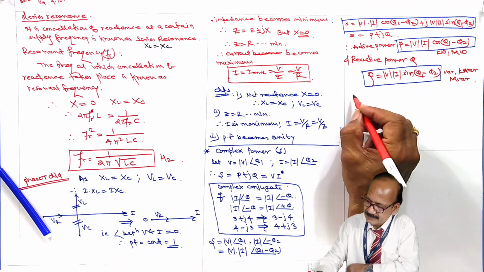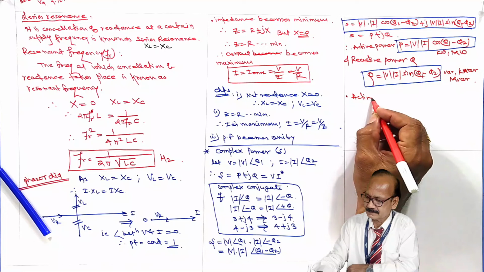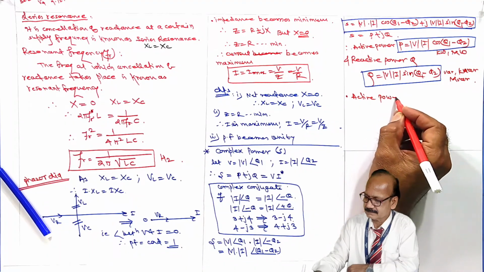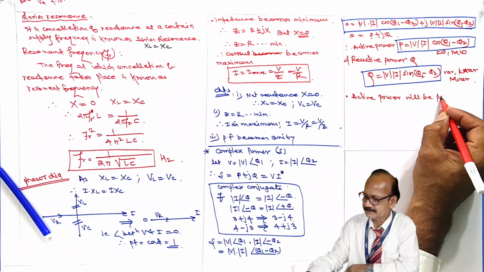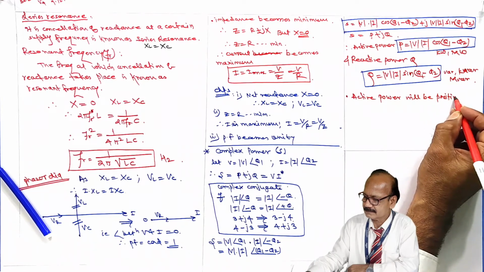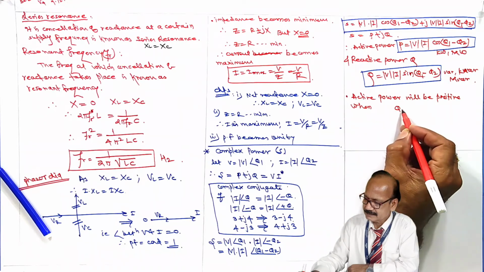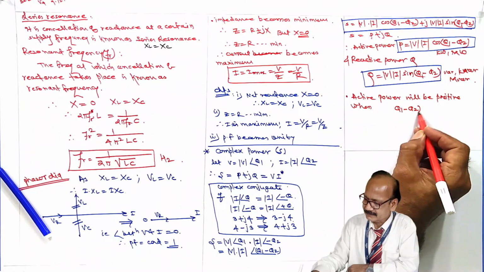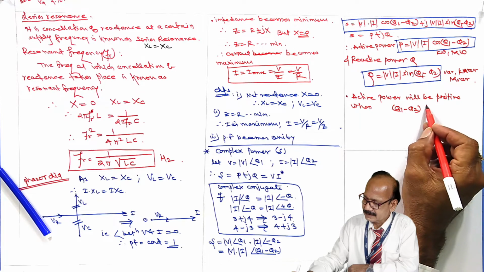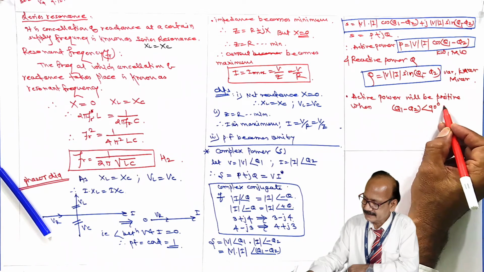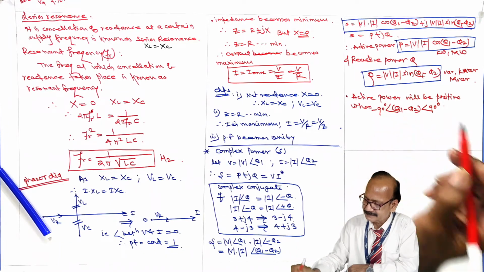Now, P will be positive. Active power will be positive when theta 1 minus theta 2 is less than 90 degree but greater than minus 90 degree.